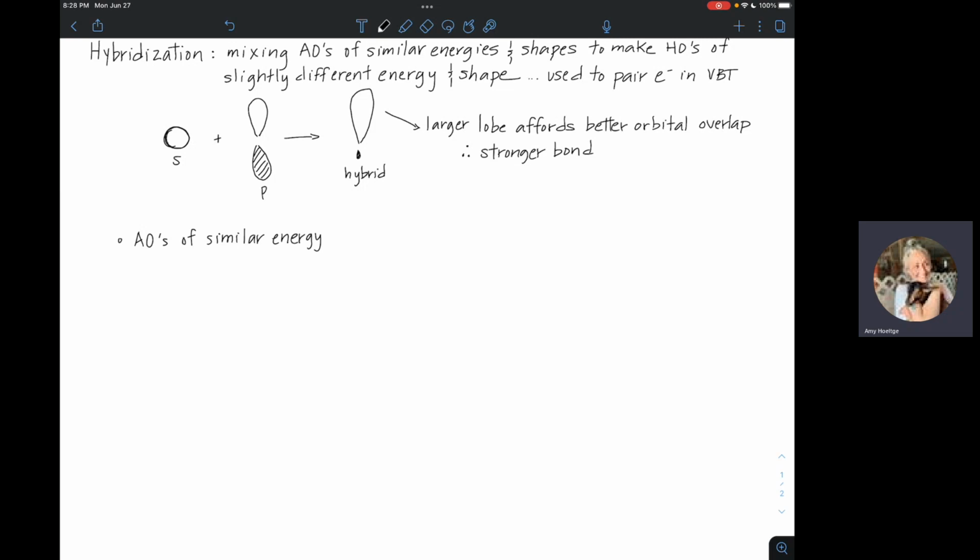And remember, the p orbitals and the s orbitals have that sub-level splitting. They don't have the same potential energy. If you remember from Gen Chem, they're similar. They're not too far off, but they are different. They're not the same. These are going to undergo hybridization. So atomic orbitals of similar energy undergo hybridization.